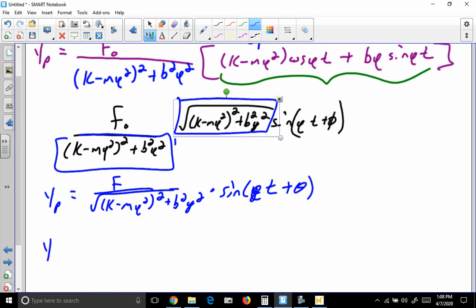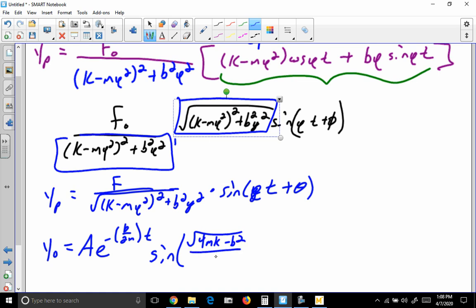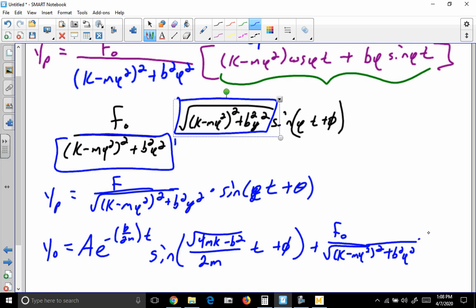So that means our solution is the sum of the homogeneous, a e to the negative b over 2m t times sine of the square root of 4mk minus b squared over 2m times t plus phi, and then that's plus the particular solution, f naught over the radical times sine of gamma t plus theta.